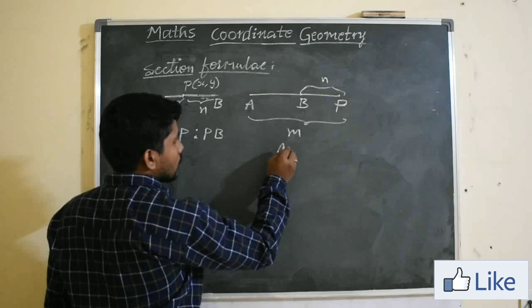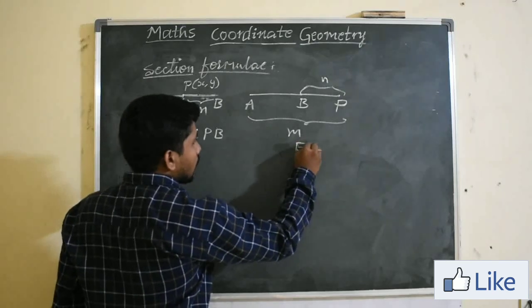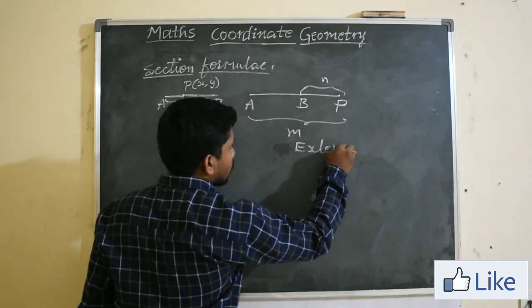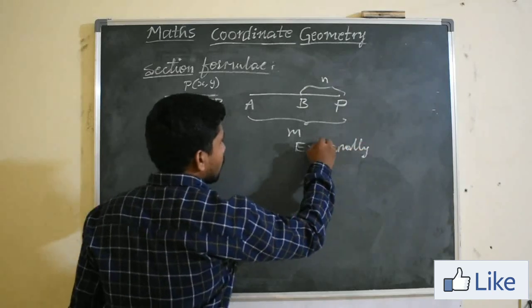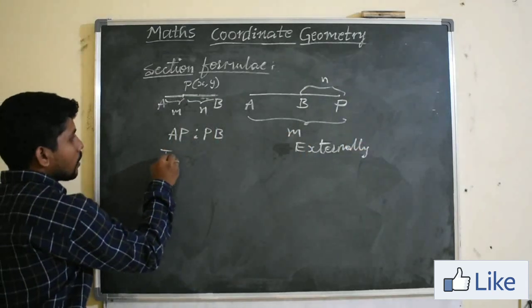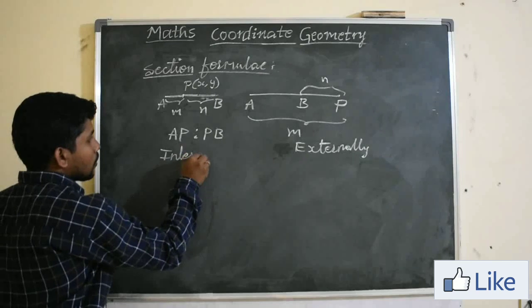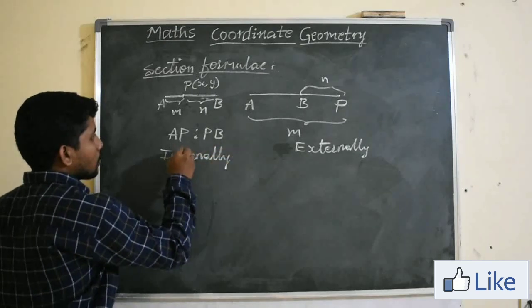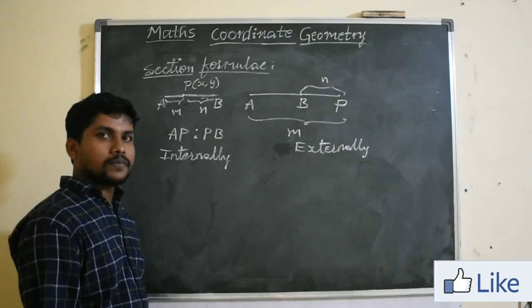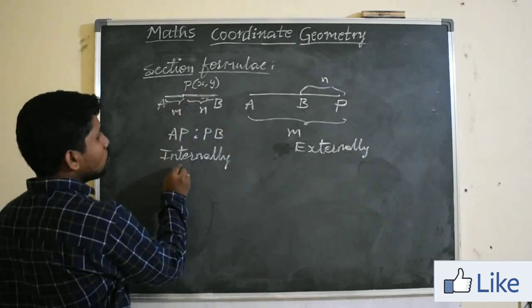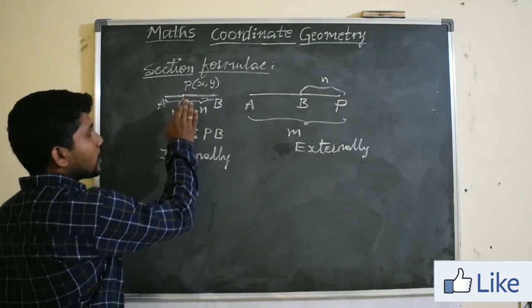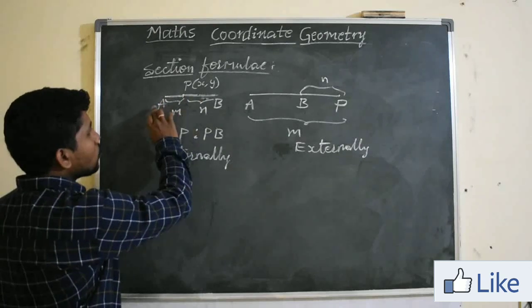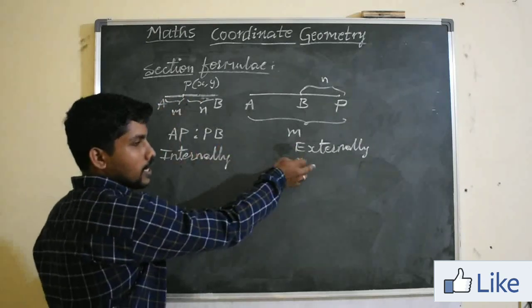So here it is dividing externally. Here it is dividing internally. These are the two ways where the point can divide the line segment joining two points, internally or externally.